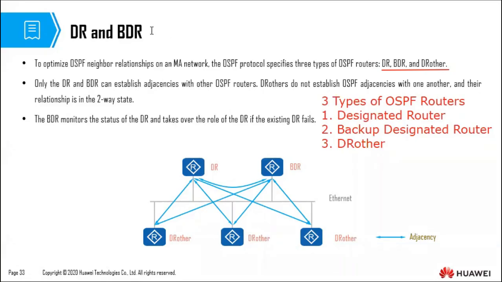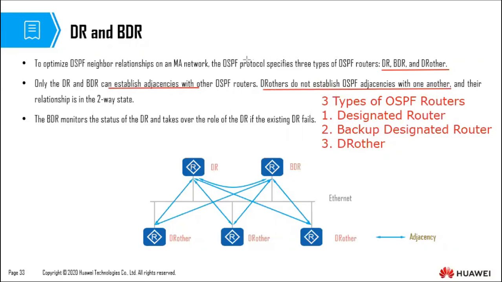The reason why we're having a designated and a backup designated router is so that all the other routers establish adjacencies only with the DR and the BDR and not with each other. So DR others do not establish OSPF adjacencies with one another.